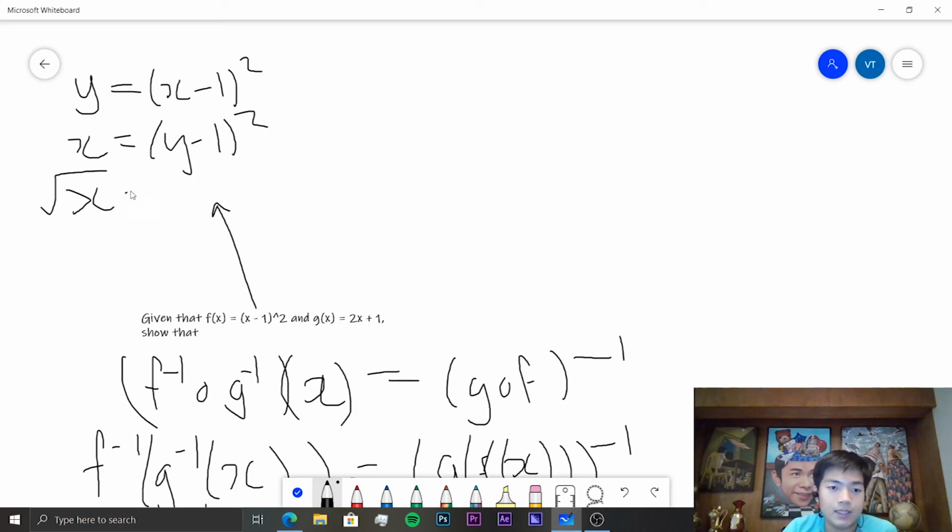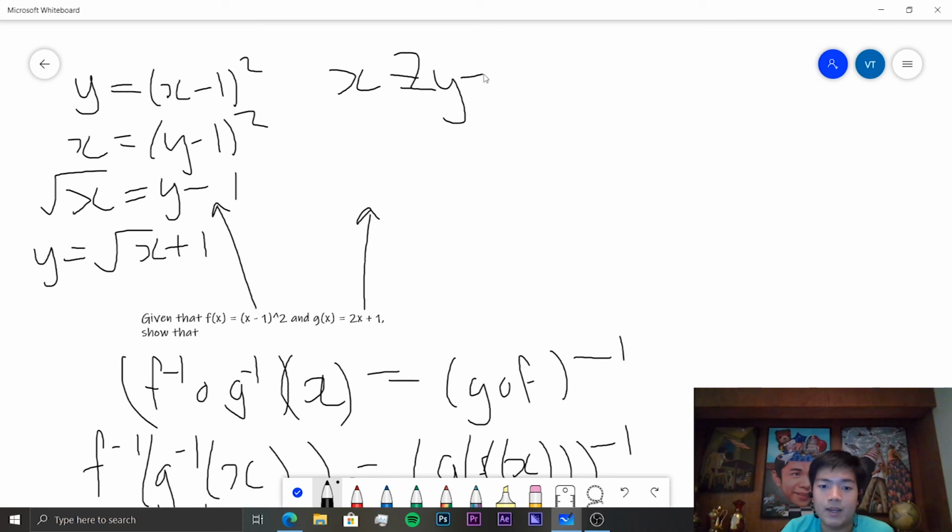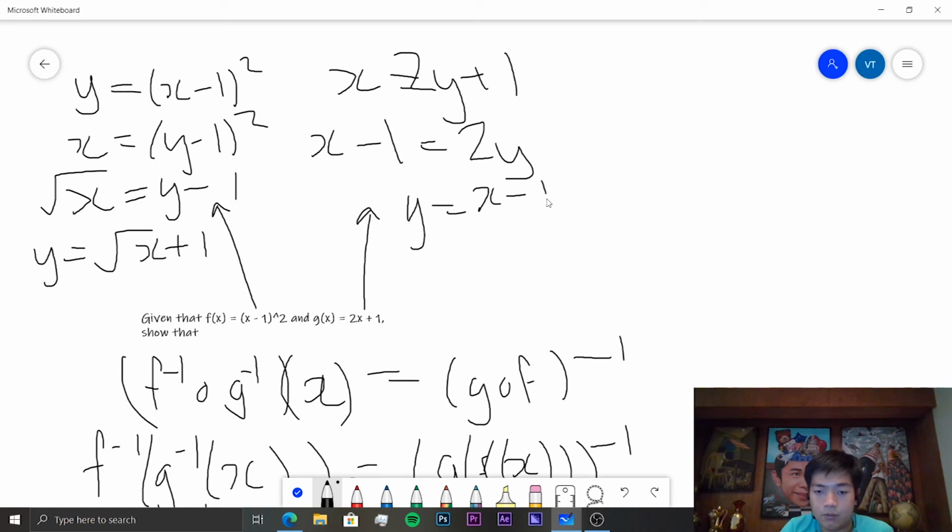Square root of x is equal to y minus 1. And y is equal to the square root of x plus 1. For g of x, well, 2x plus 1, the inverse is simply x is equal to 2 times y plus 1. x minus 1 equals 2y. y is equal to x minus 1 over 2. So now that we have the inverses, we can solve this problem.